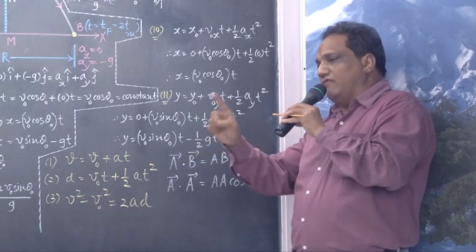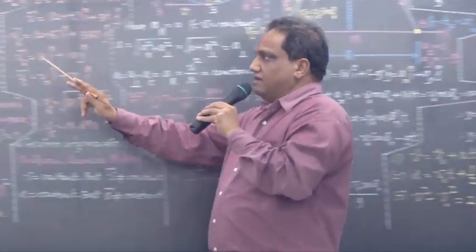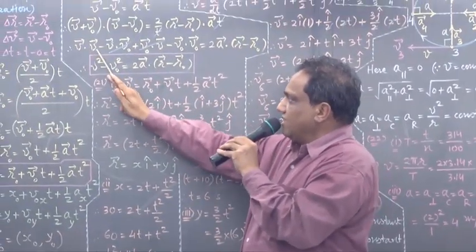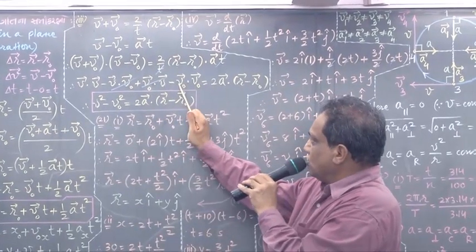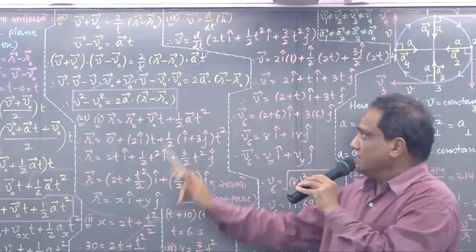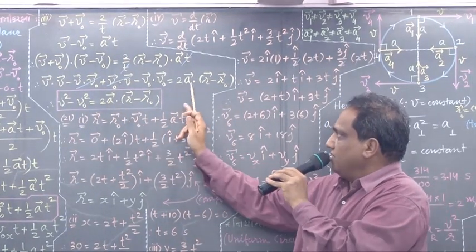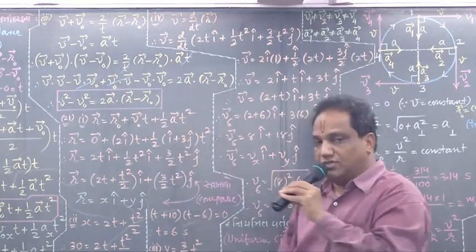Similarly, vector b dot vector b, vector v dot vector v, vector v0 dot vector v0. The right hand side is 2 vector a dot vector r minus vector r0.